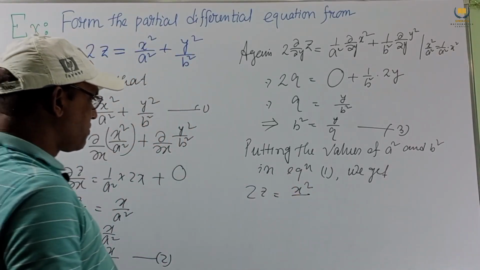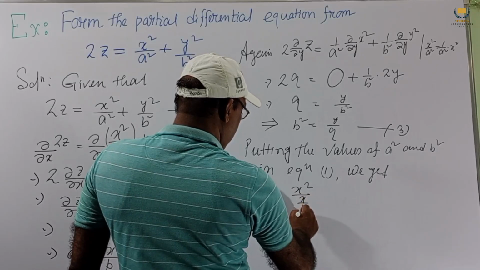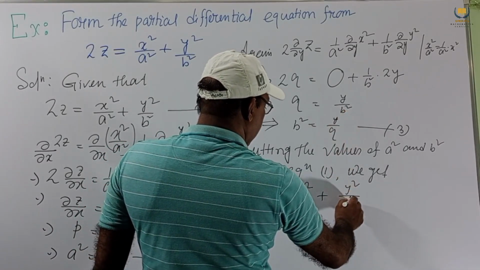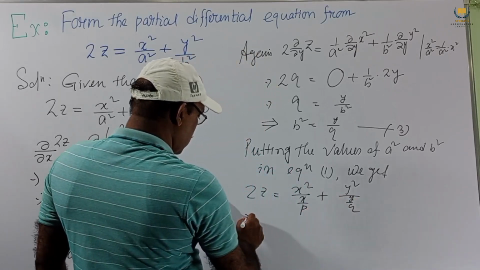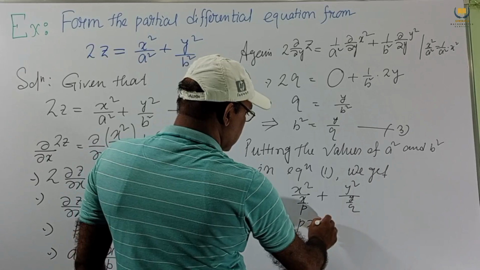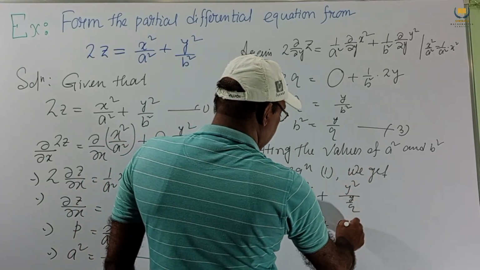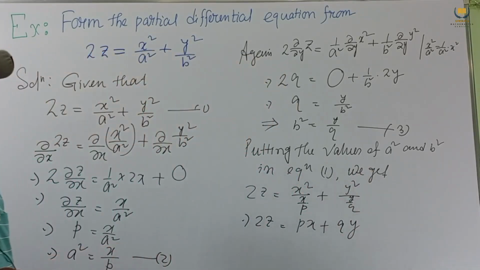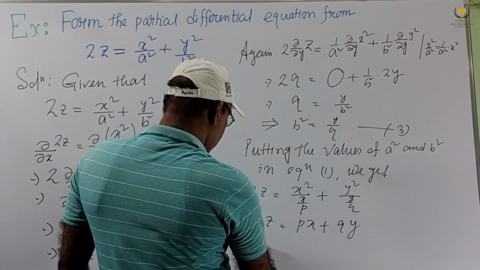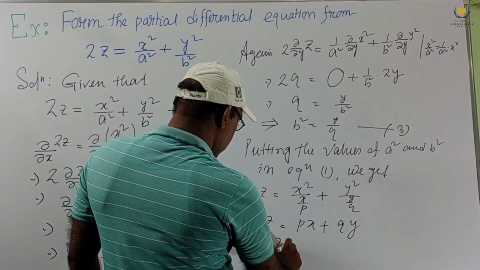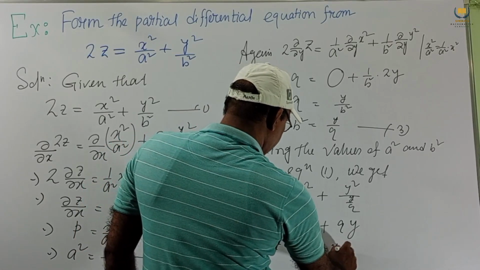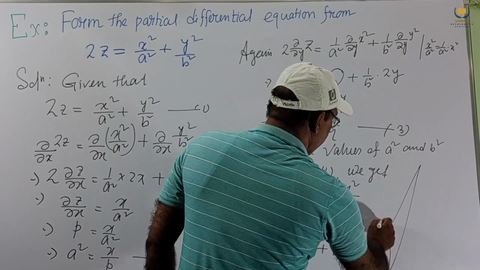A square means x by p, and y square by b square. B square means y by q. This is 2z equal to, 1 x is cancelled, we get px, 1 y cancelled, we get qy. 2z equal to px plus qy, or we can write 2z equal to xp plus yq, and this is our final answer.